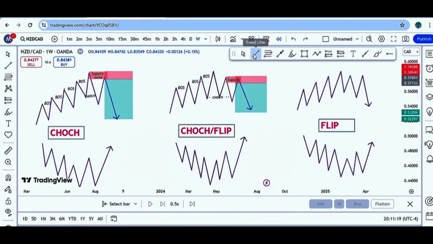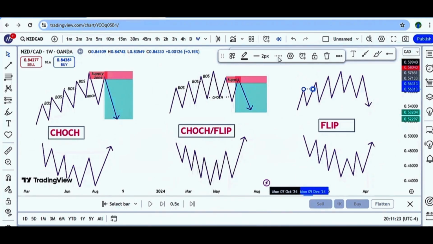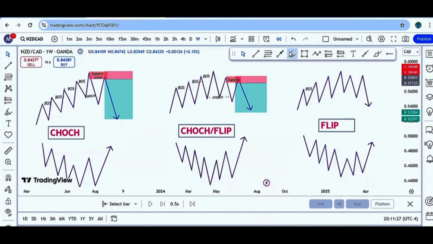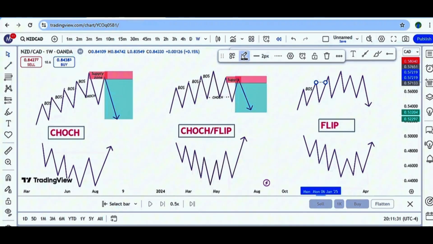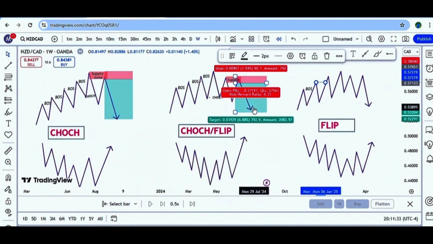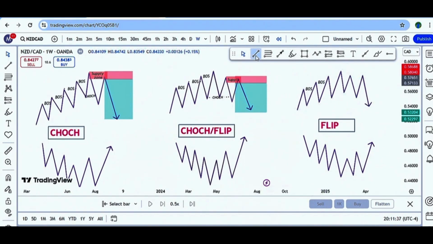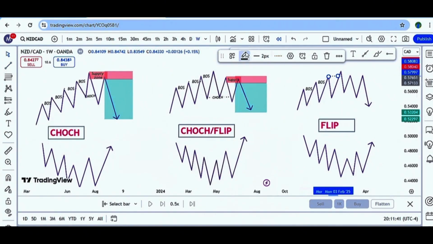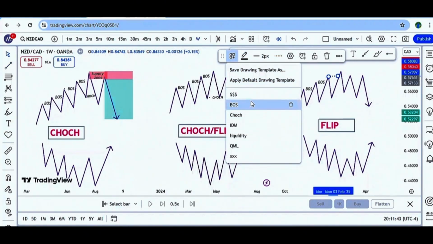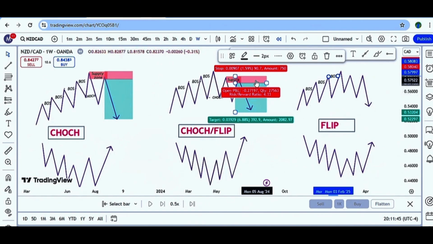What happened here is that price broke structure to the upside, which is a break of structure. Price again broke structure to the upside, BOS, break of structure. And again, price broke structure to the upside, BOS.